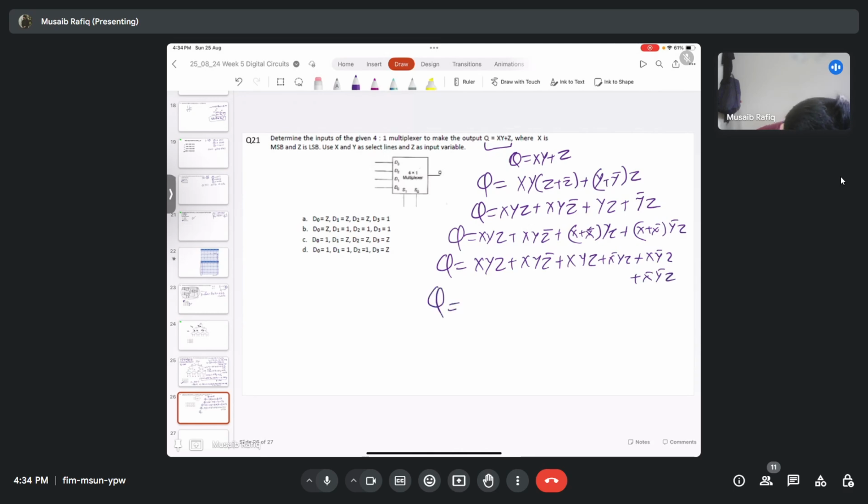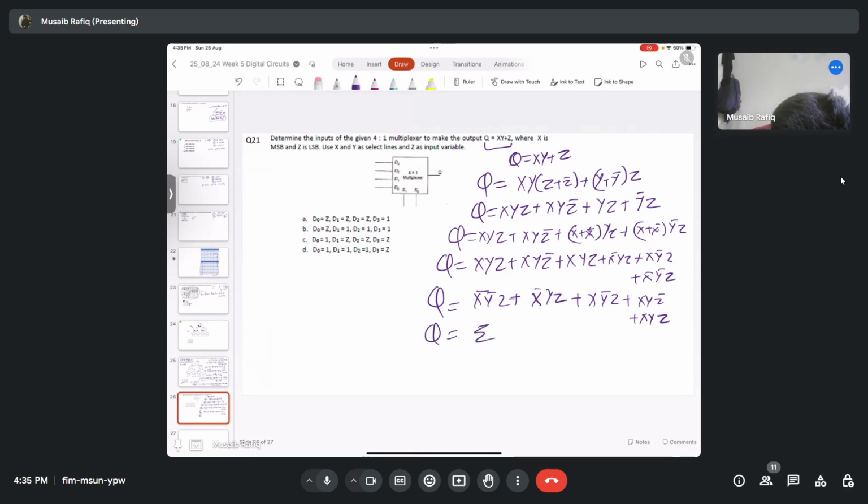So Q will be equal to, writing the terms, x bar y bar z plus x bar y z plus x y z bar plus x y z.